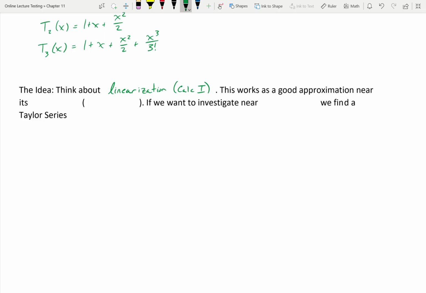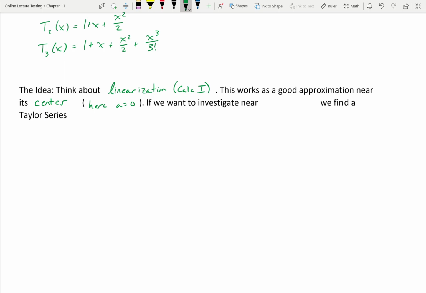Well, this works well as an approximation near its center. And for us, since we're dealing specifically with a Maclaurin series for e to the x, here a is equal to 0.